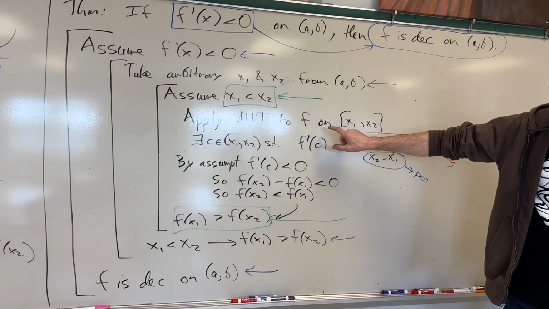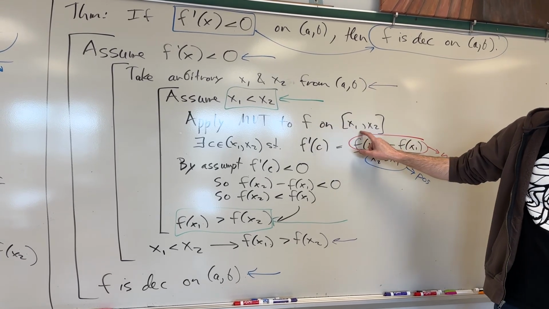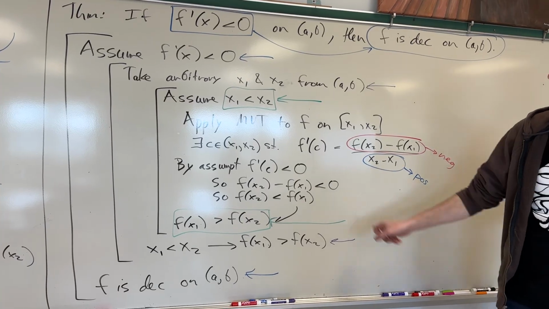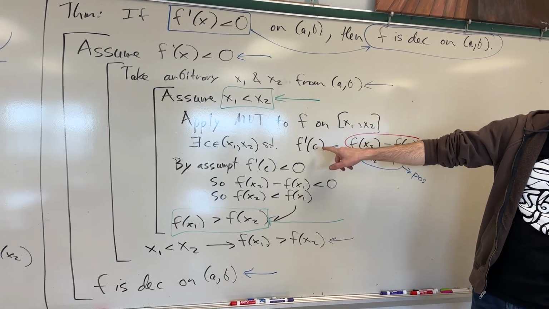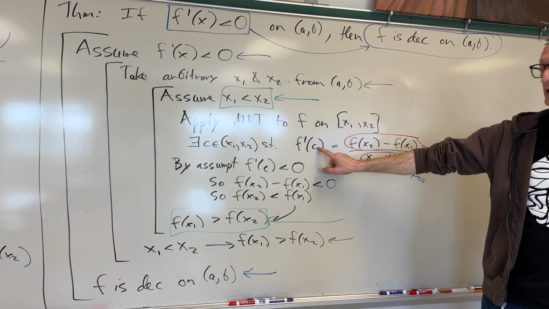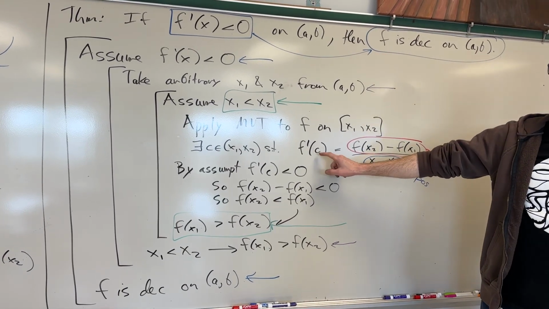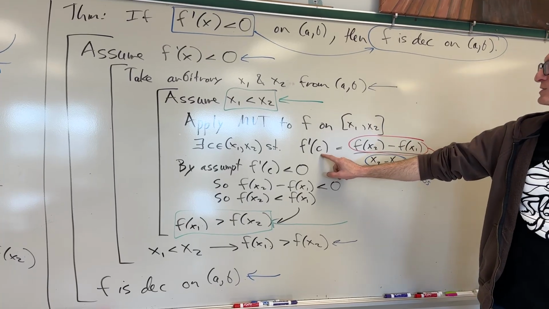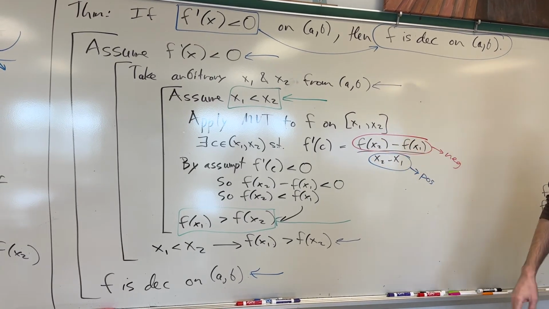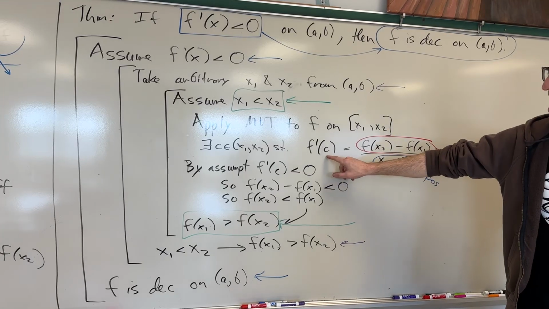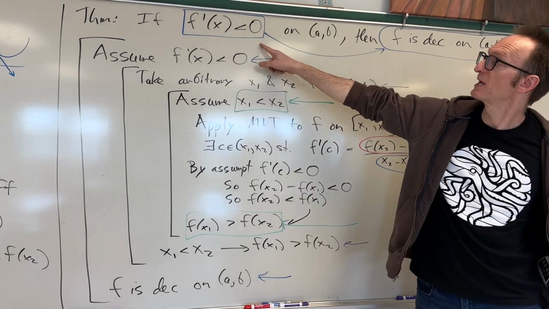So you apply the mean value theorem to this function on this interval. The mean value theorem says that somewhere on this interval, there's this special representative point c. And this point c has the property that at this moment, the instantaneous rate of change equals the average rate of change. And this is the average rate of change. But we know something about f prime of c, which is that it's negative.